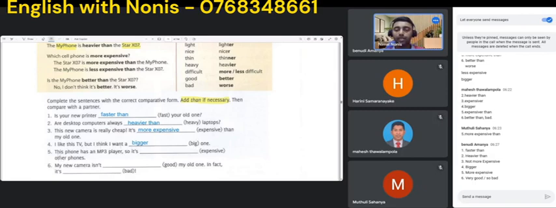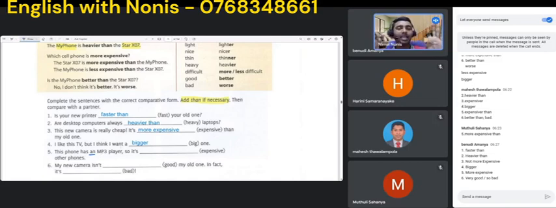Next one. This phone has an mp3 player. So you can see an is used here before the mp3. We normally know an is used before a word which starts with a vowel sound. M is not a vowel letter.